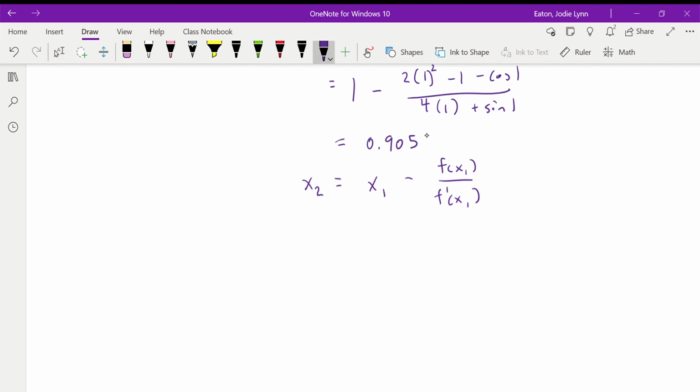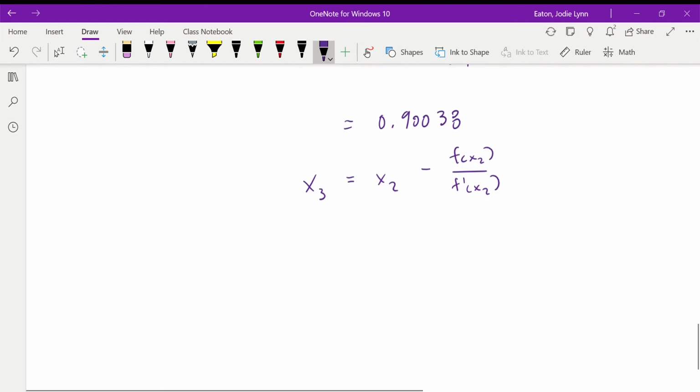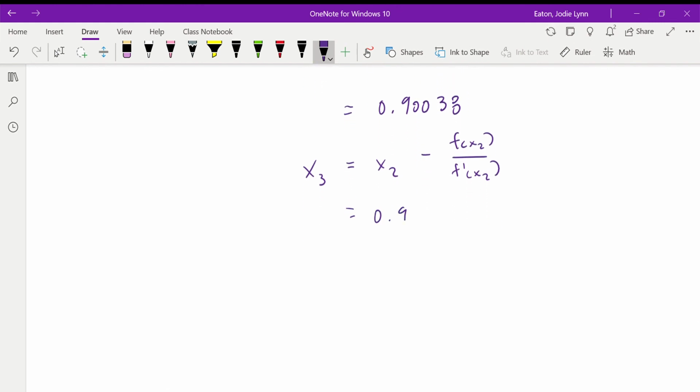When we plug all of that back in, we get 0.90038. Okay, we do the same thing with x3, x2 minus f of x2 over f prime of x2, and we get 0.90037. Okay.